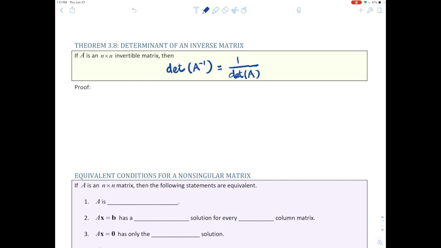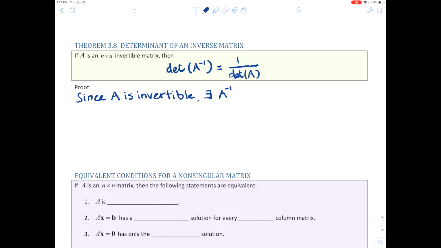Let's check it out. So what do you think we should do? What is in the premise? Beautiful. The premise is that A is an n by n invertible matrix. So let's use the fact that since A is invertible, there has to exist an inverse, right?